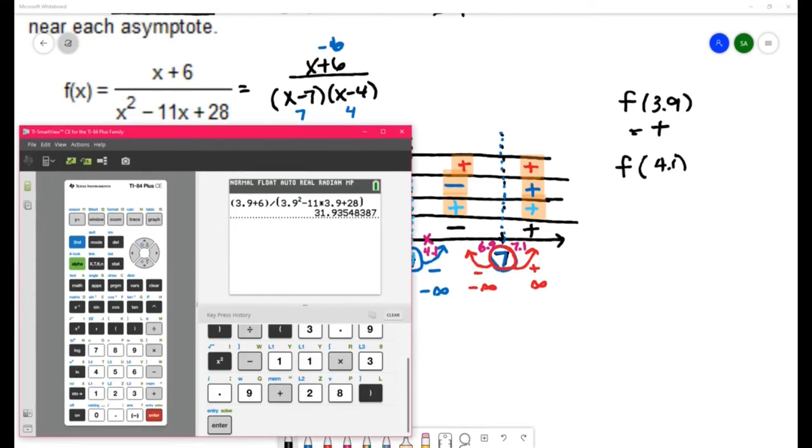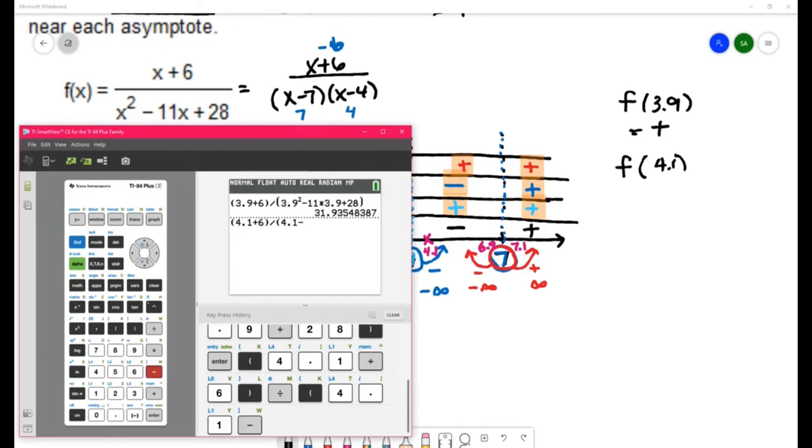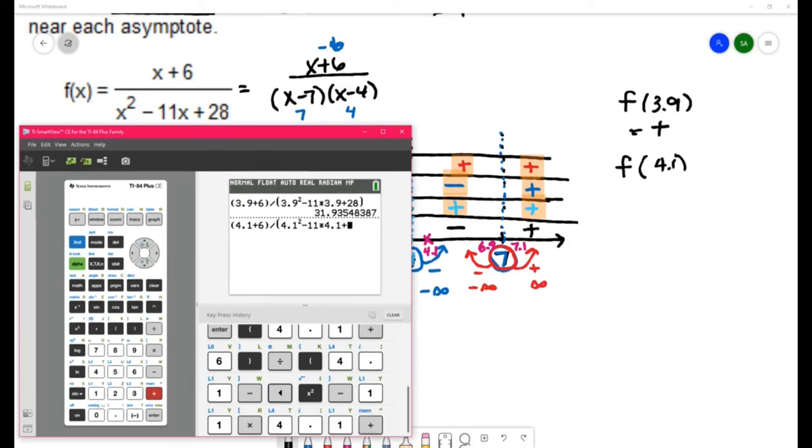So we have 4.1 plus 6 divided by 4.1 squared minus 11 times 4.1 plus 28. This time we got a negative.